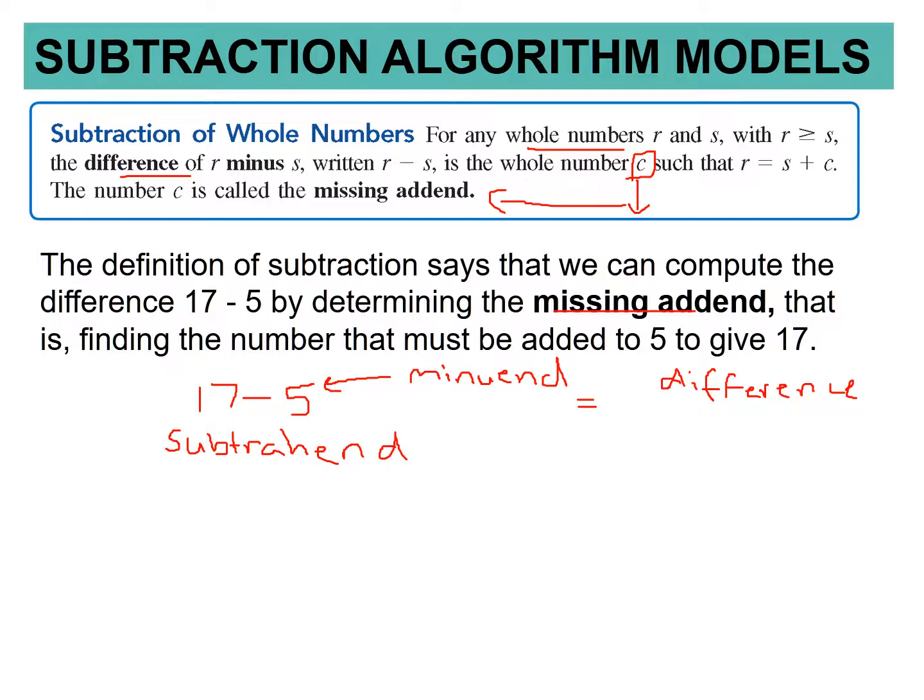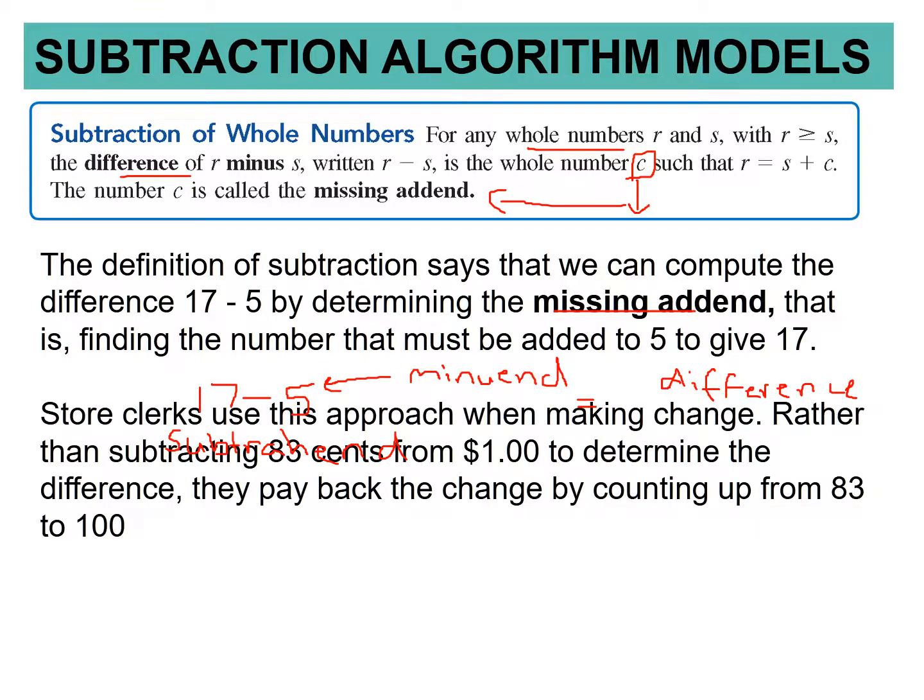Okay. Now, I don't know if you've ever worked in a store where you've operated a register that didn't tell you how much change you were supposed to give back to somebody. Well, I have. Of course, I'm older than most of you guys. So, whenever you would give somebody their change back, you wouldn't actually perform the subtraction.